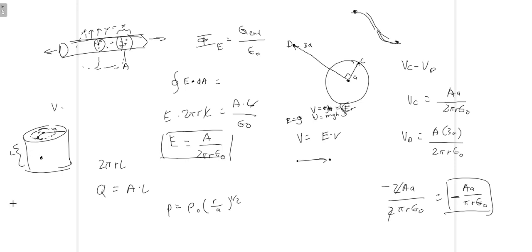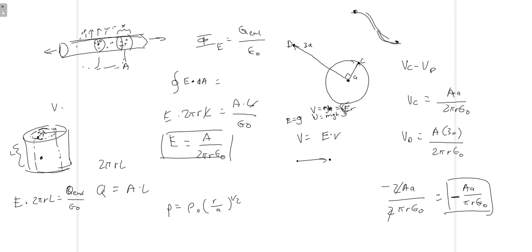So the electric field enclosed, it's going to be here. The surface area of this will be 2 pi r times L, equal to the charge enclosed. Okay, now how much charge is in here?